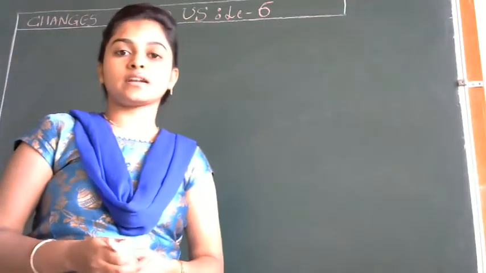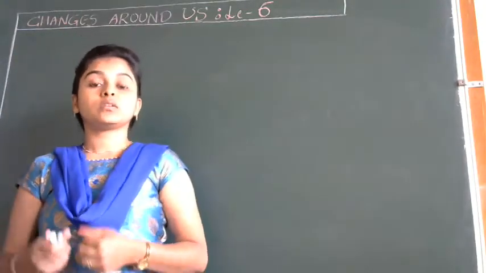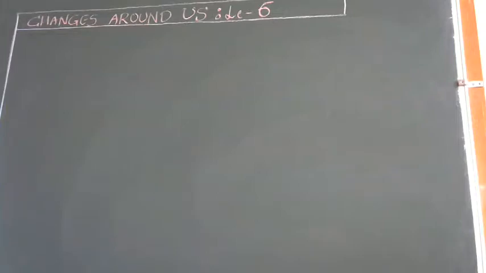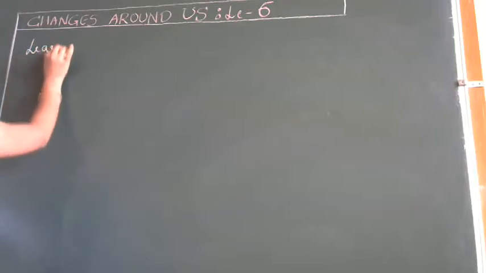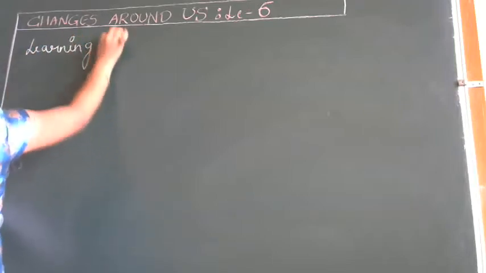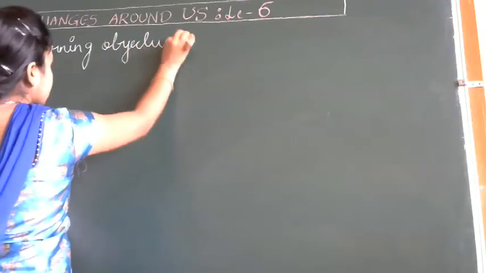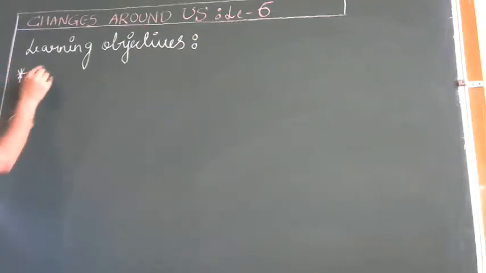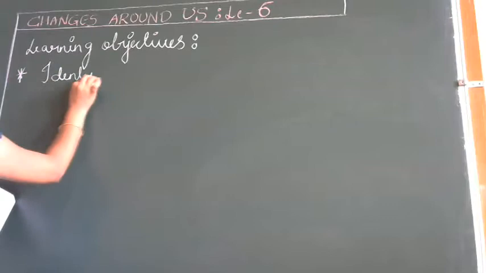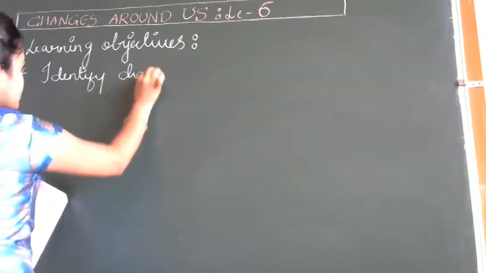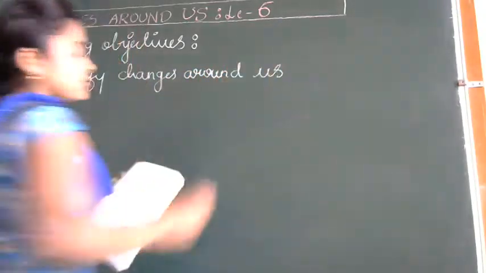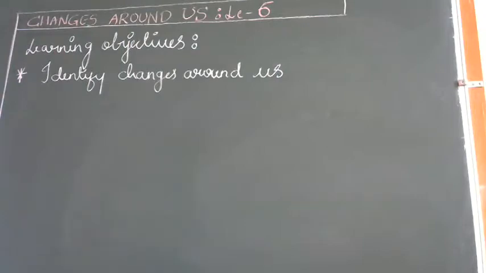Before going to the exact lesson, let me tell you what all things we are going to study in this lesson. Here are the learning objectives. In this lesson we will be studying: identify changes around us, and in this we'll see some general effects.